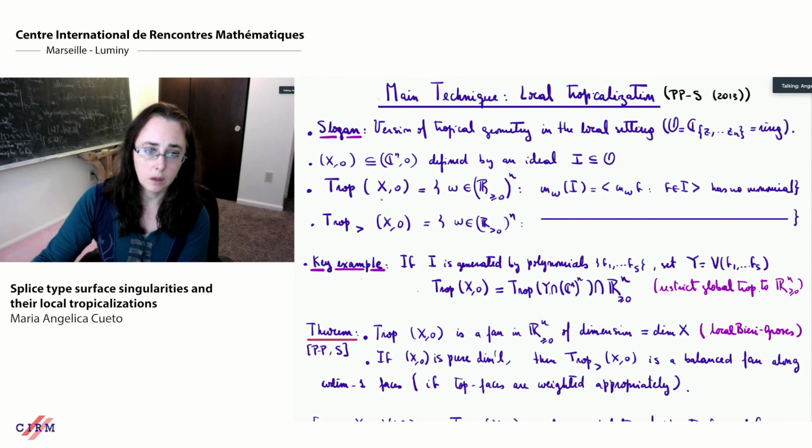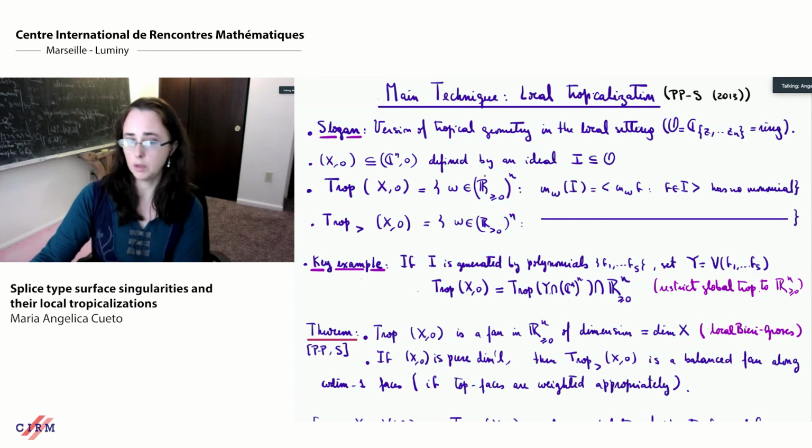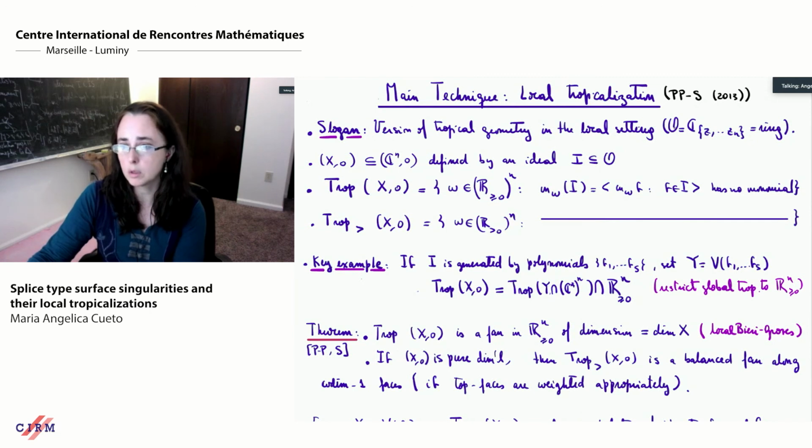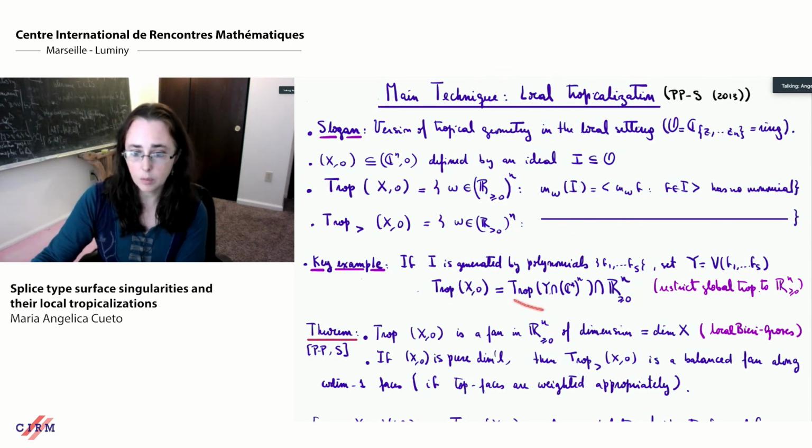And the non-negative one is the same, except that I'm allowed to have some zero coordinates among my weights. So the key example you should have in mind, if you've seen this global tropicalization, is that the global tropicalization is the same, except that we work with a polynomial ring or with a Laurent polynomial ring. And so if your germ is really generated by polynomials, then your local tropicalization is obtained by looking at the global tropicalization in the torus and intersecting with the positive orthant.